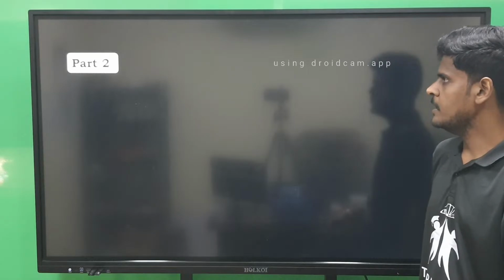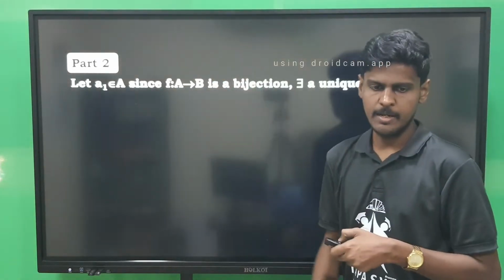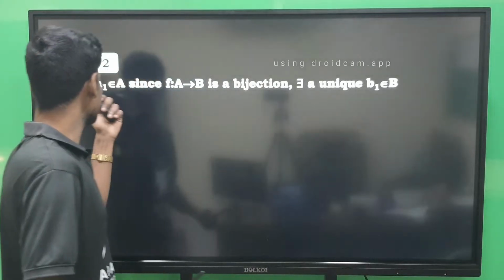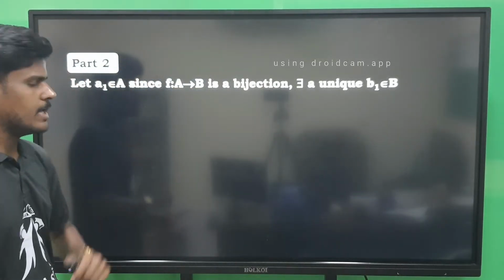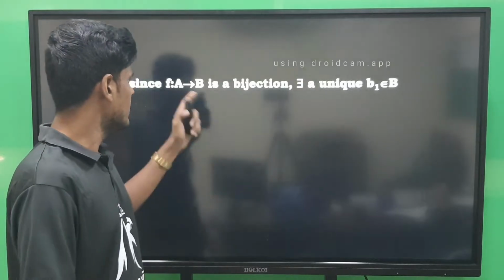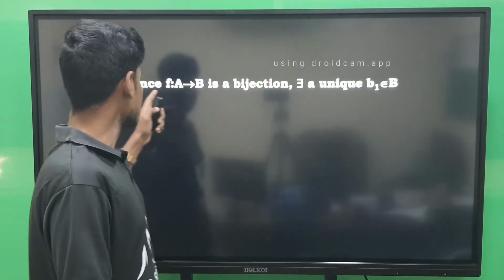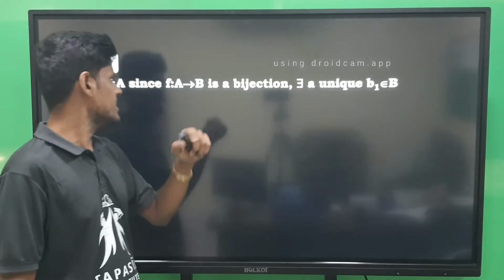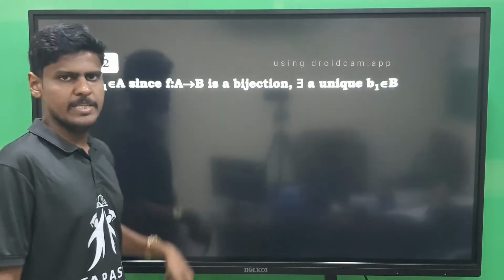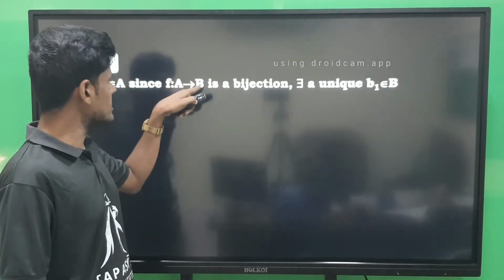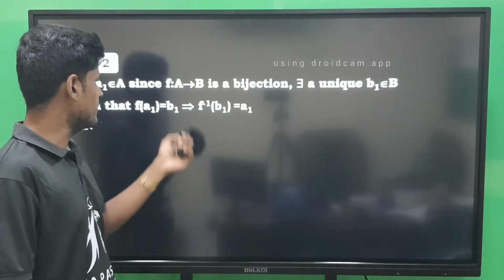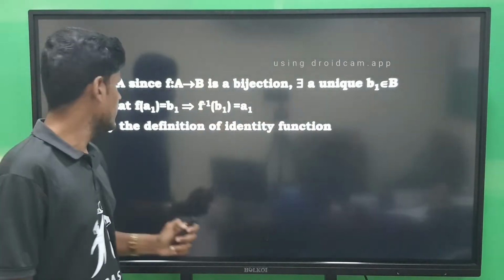Next, what we need to see? Onto nature of the function. Now for proving onto nature of this function, let's assume some a1 belongs to set A and f is a function mapping from A to B. As f is a bijection, that means for every element in set B, there exists a pre-image in set A, that is f inverse of b equal to a. f inverse of b1 equal to a1.